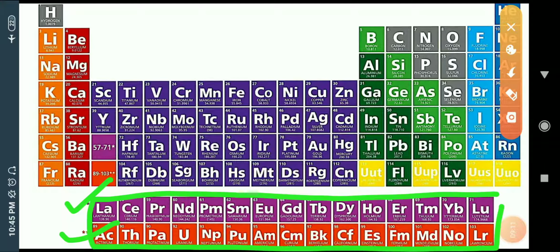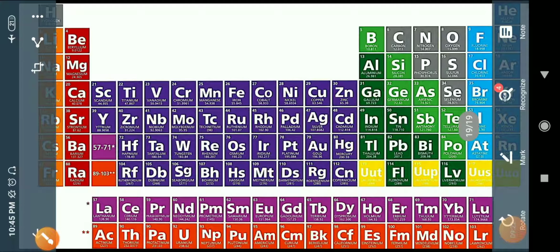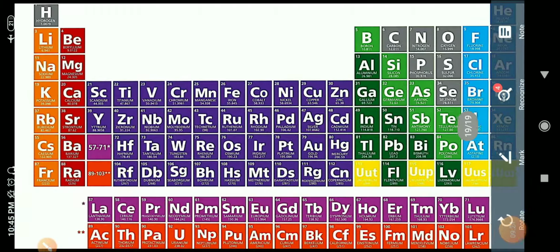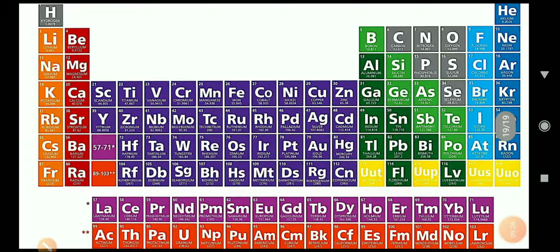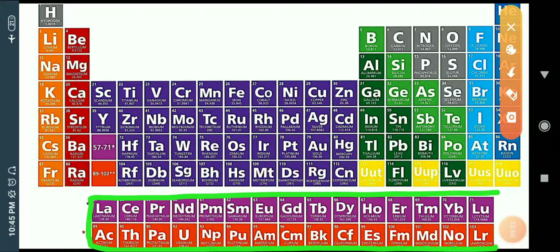These series are called lanthanide and actinide series respectively. Now listen here, this series is present in F block.